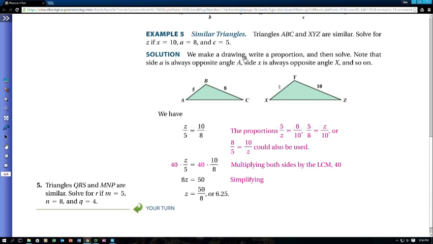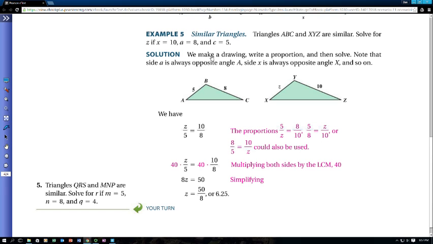And if you make fractions out of the corresponding side lengths, they'll be equal, or another word for that is they are proportional. So they say I have these two triangles, they're similar, solve for z if x equals 10, a equals 8, and c equals 5.